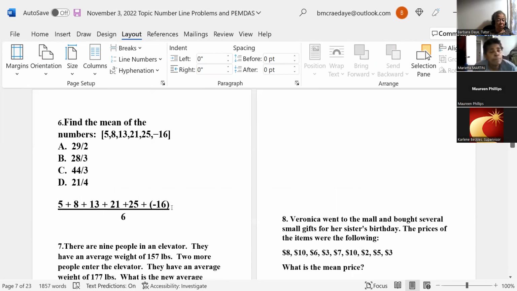Now add those, Marietta. What did you get when you add those? 5 plus 8 plus 13 plus 21 plus 25 plus a minus 16. What does that add up to?